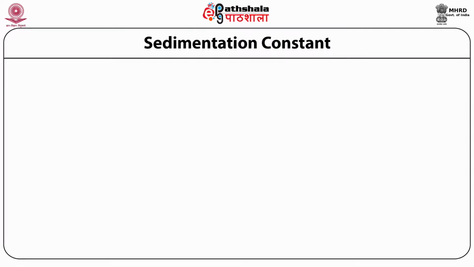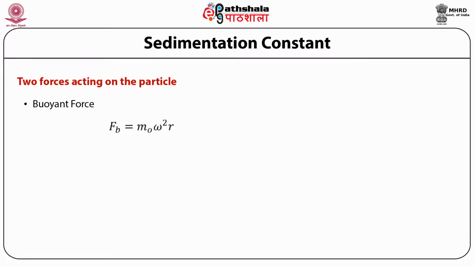Sedimentation coefficient is another parameter which is measured during the analytical ultracentrifugation process. As you are aware, there are two types of forces acting on the particle during centrifugation. One is the buoyant force, which is given as m omega square r, where m is the weight of the fluid displaced by the particle.